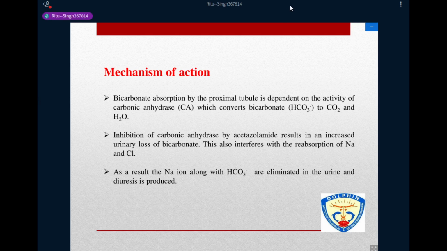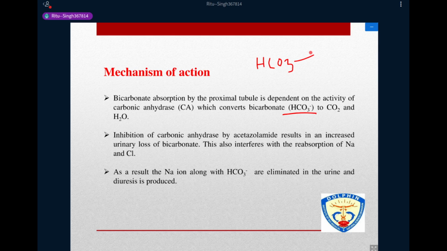Now we discuss the mechanism of action. Before we start the mechanism of action of acetazolamide, first we discuss the functioning of the enzyme carbonic anhydrase. The carbonic anhydrase enzyme converts bicarbonate ion. This is a bicarbonate ion.